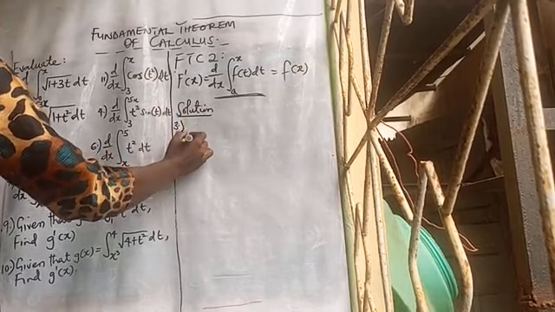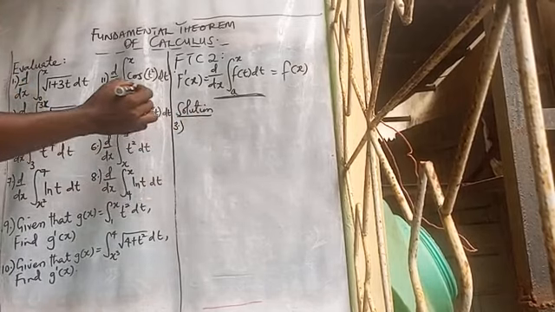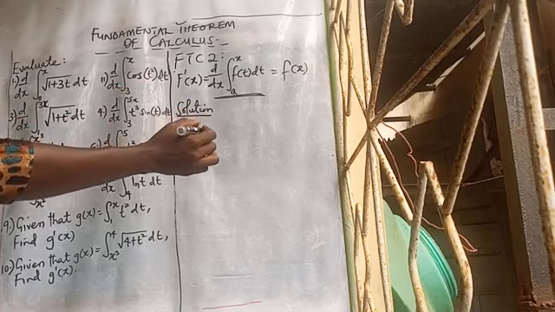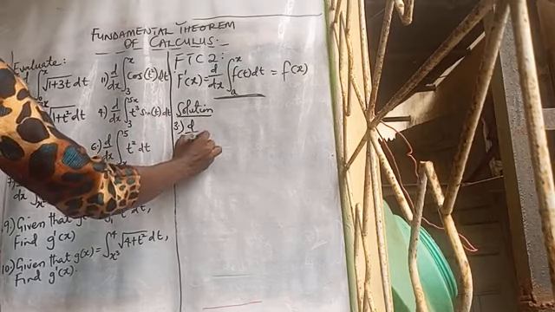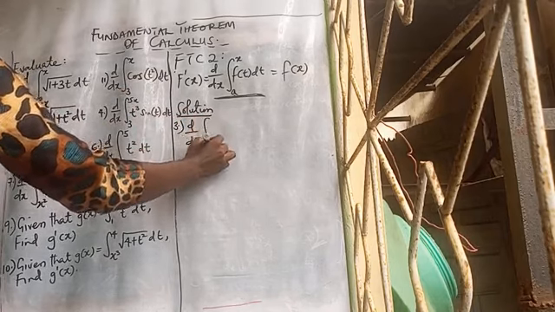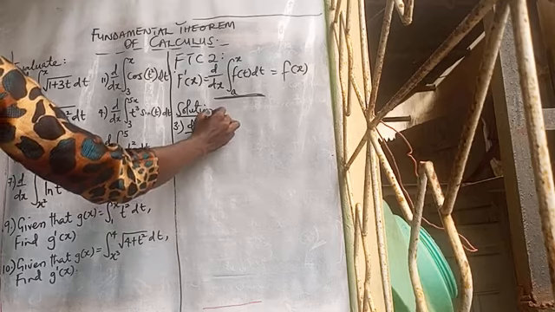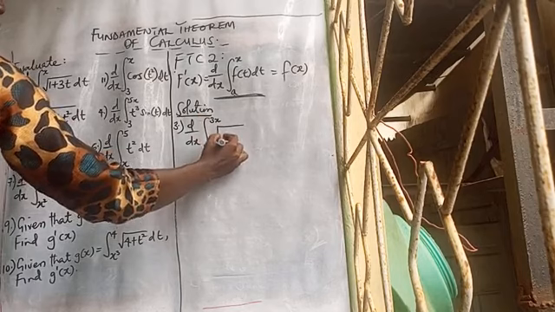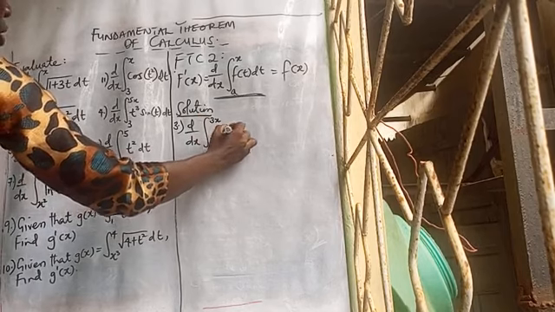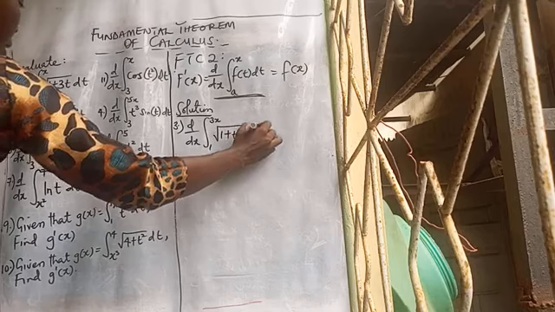We are solving question number 3. Question number 3 says you should take the d/dx of the integral from 1 to 3x of the square root of 1 plus t squared dt.